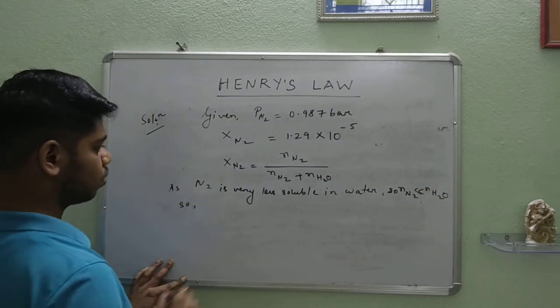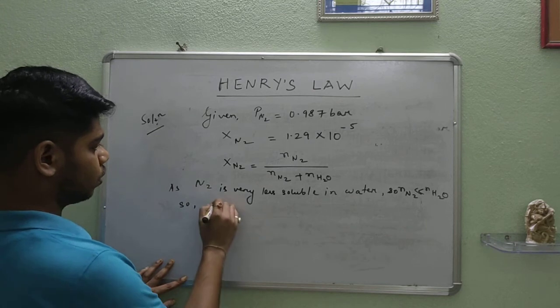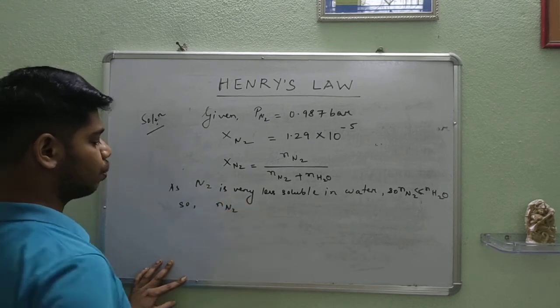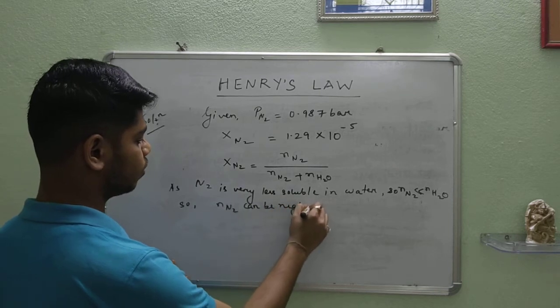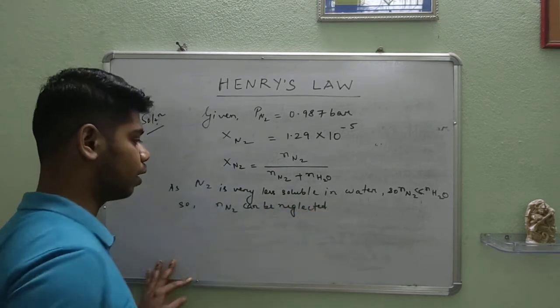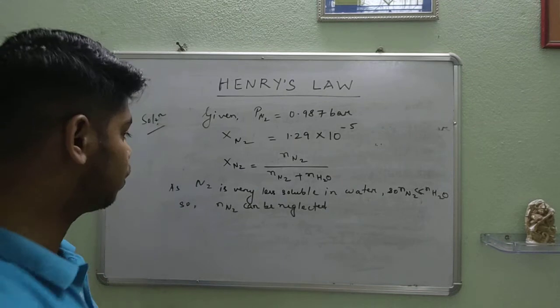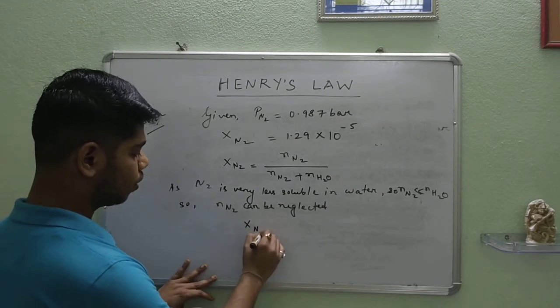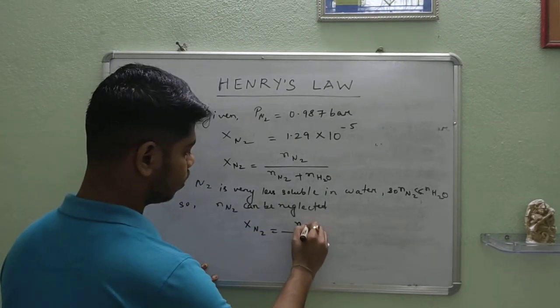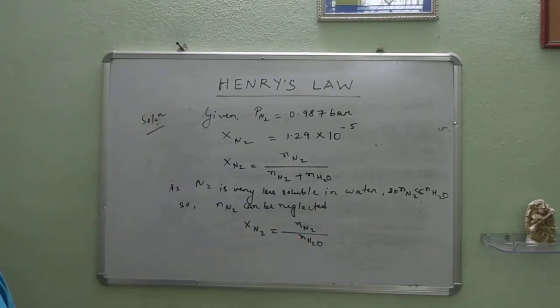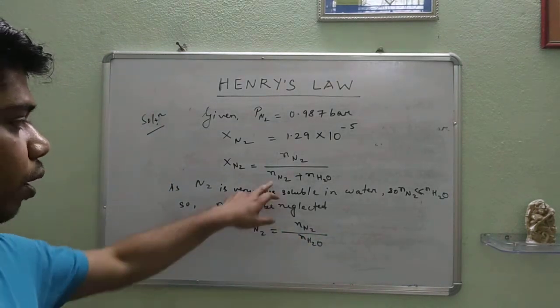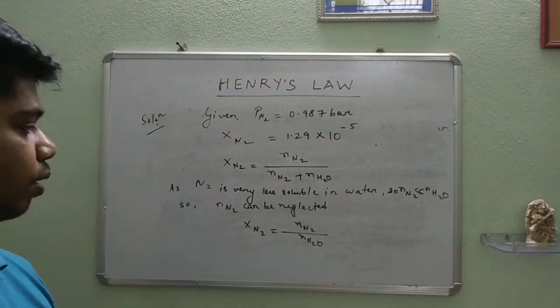So this factor, the number of moles of nitrogen, can be neglected. If we neglect this factor, what will be the equation? This one. This will be our resulting equation, right?